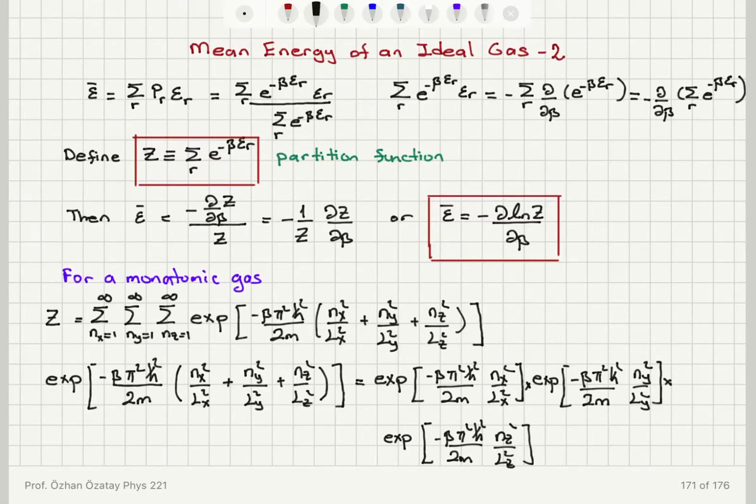So you can recognize that the partition function Z can also be written as the product of three partition functions, one for each degree of freedom x, y, and z.